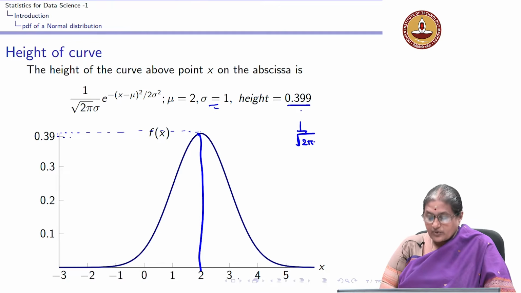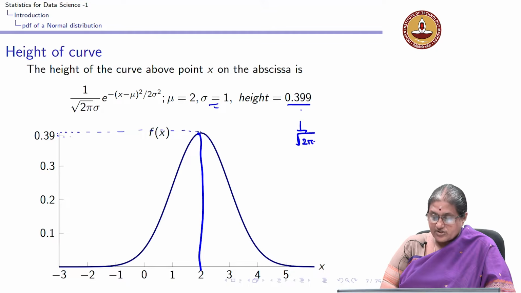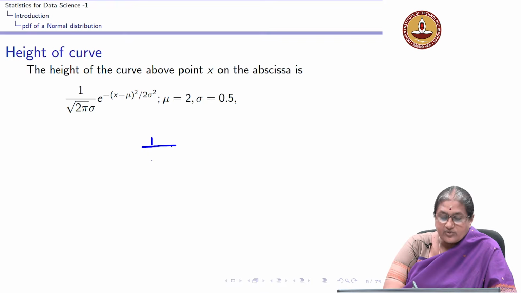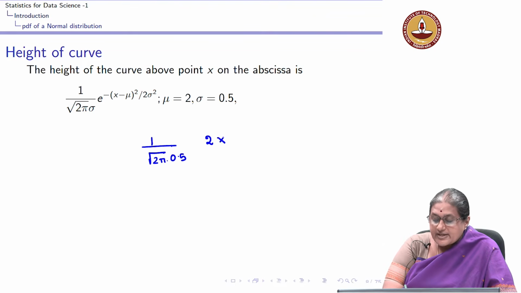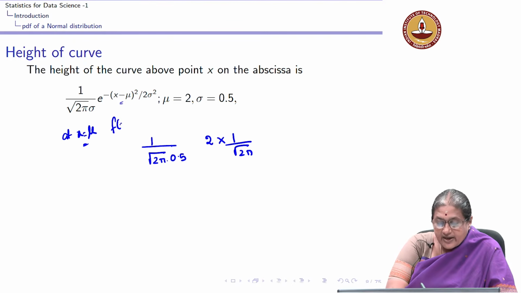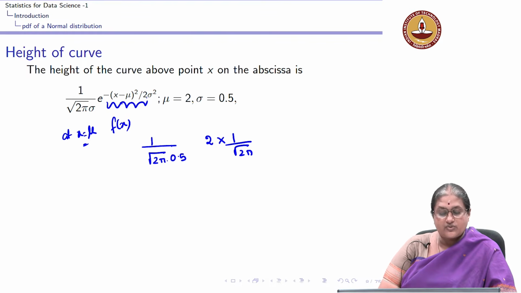Now let us look at what would happen for the same mu, but a reduced sigma. For mu equal to 2, but sigma equal to half, the height is going to be 1 by root 2 pi into 1 by 0.5. So, you can see that this is going to be twice 1 by root 2 pi, because at x equal to mu, e to the power of 0 is equal to 1.